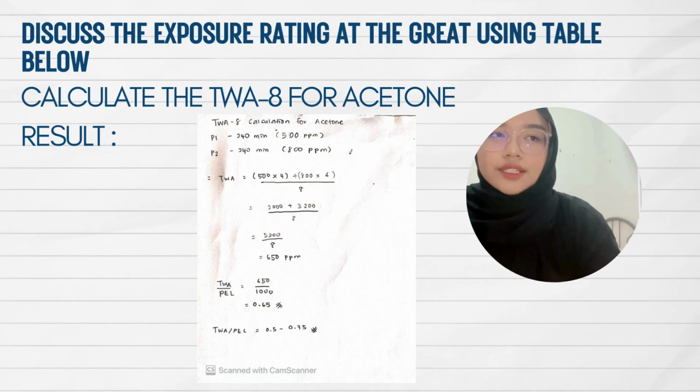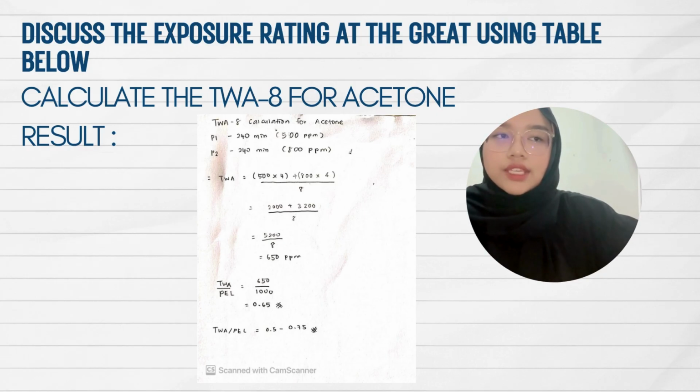Based on the chemical exposure data, one technologist was exposed to acetone during two different activities through an 8-hour shift, which is sample 1: 240 minutes or 4 hours at 500 ppm, and sample 2: also 240 minutes or 4 hours at 18 ppm.